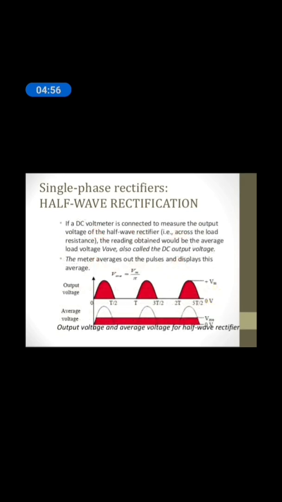Now the average value of the load voltage comes out equal to Vm upon pi, and here Vm is the peak value of the output voltage.